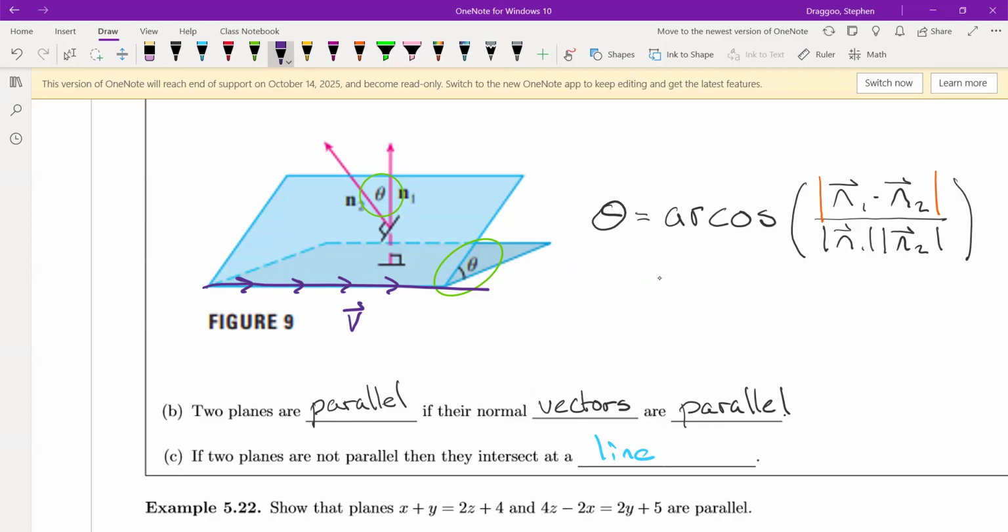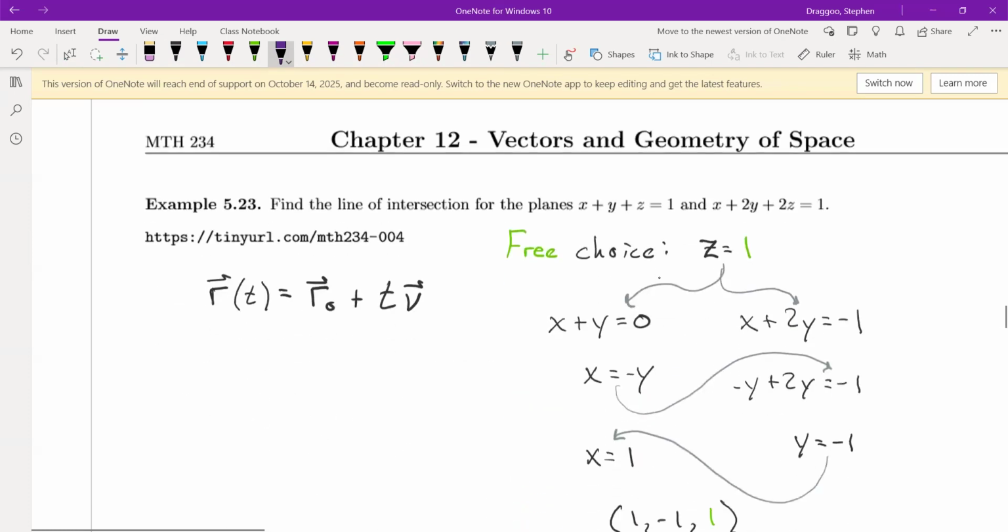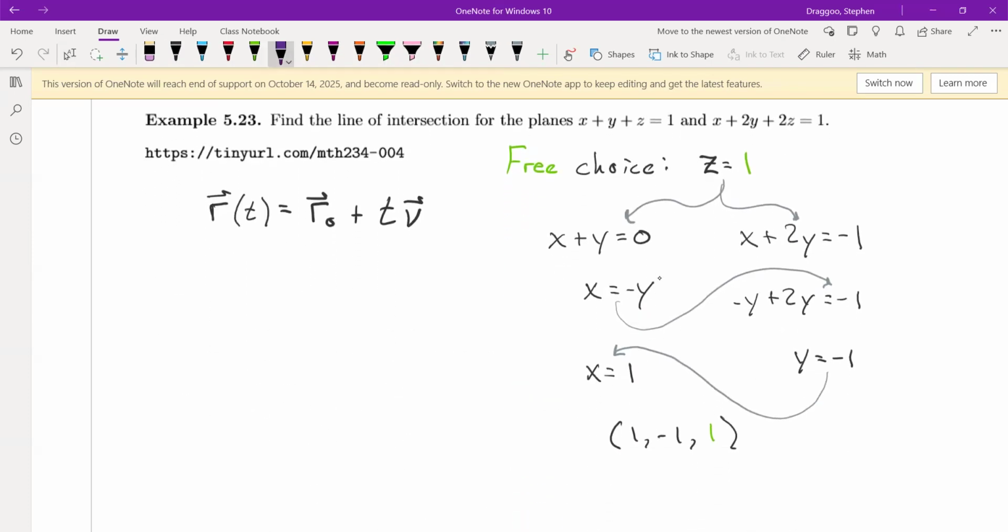If v is in the first plane, it's got to be perpendicular to n1. And if v is in the second plane, it's got to be perpendicular to n2, which means a pretty easy way to find v would be to just take the cross product of those two normal vectors. So that's what I'll do down here. v, my direction vector, is the cross product of n1 and n2.